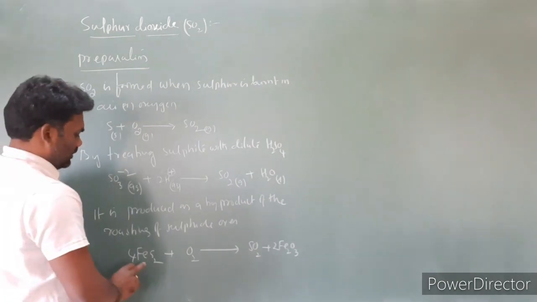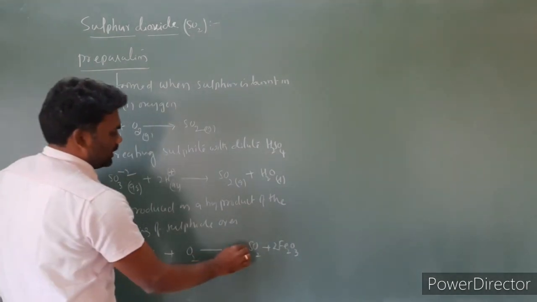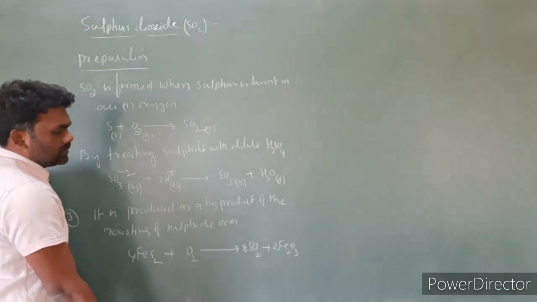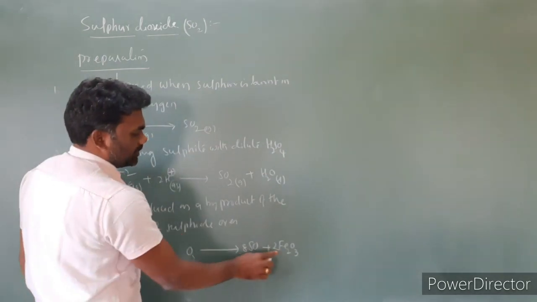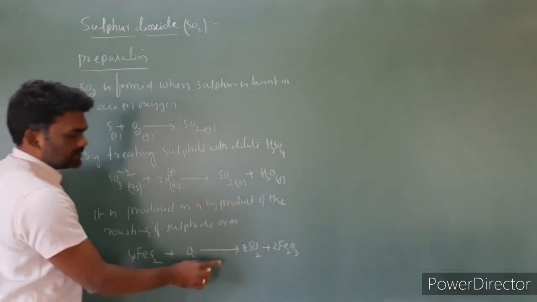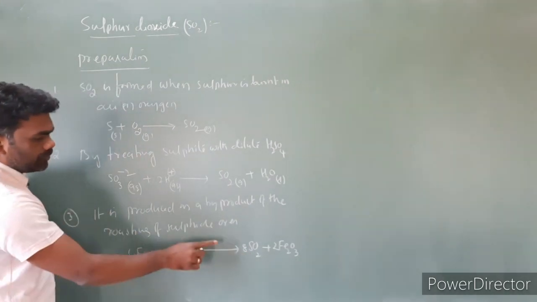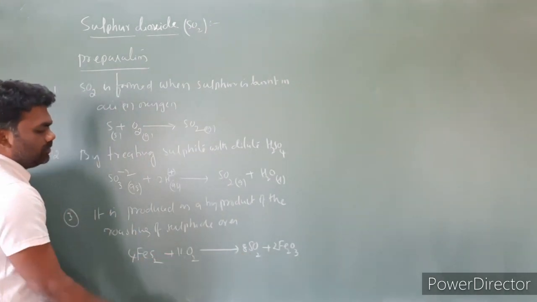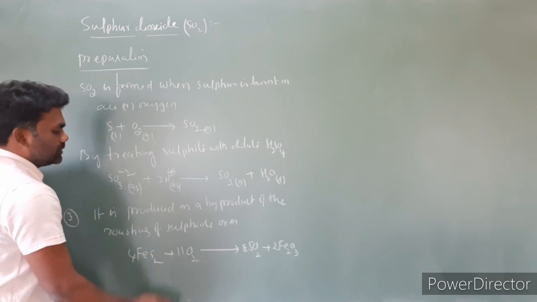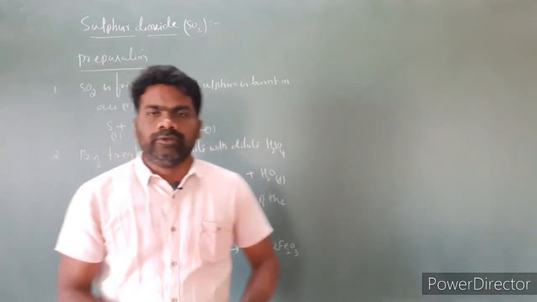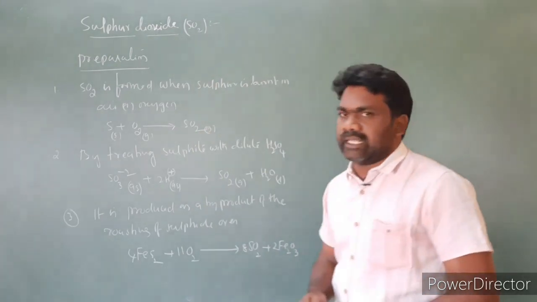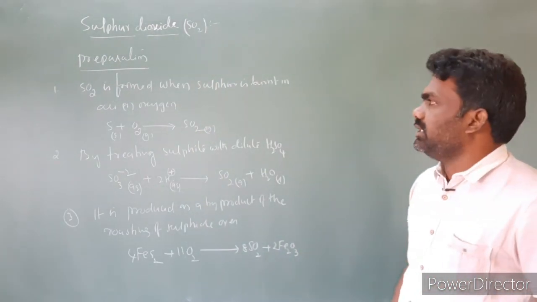Here the sulfurs: 4 times 2 is 8 sulfurs, so 8 SO2. Oxygens: 6 plus 16 gives 22, so we need 11 O2. So this is the preparation of sulfur dioxide.